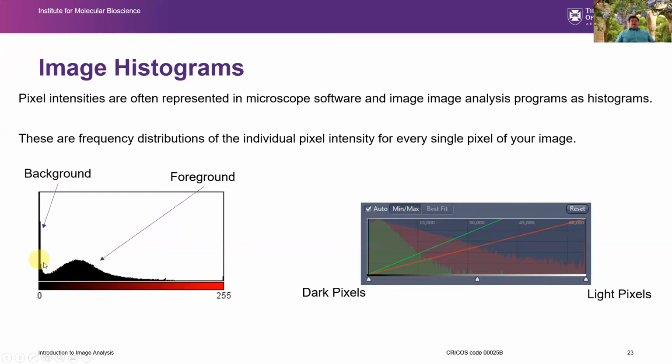But the main thing to think about with your histograms when you see them is the foreground objects and the background and where they sit, and if there's a bit of a clear curve. So I've taken a screenshot in the Zen program where there isn't really an obvious distinction between the background and the foreground. In the red channel, at least here, we see it's just kind of degrading down.